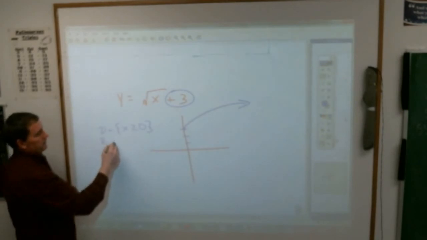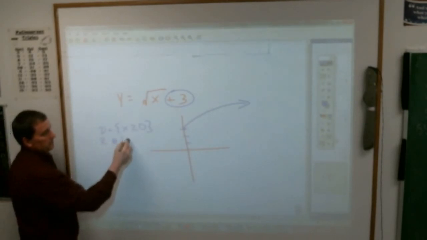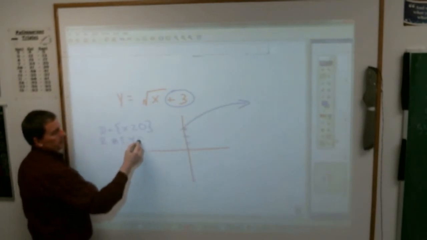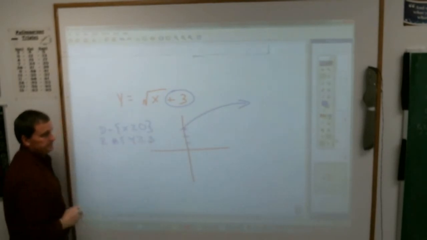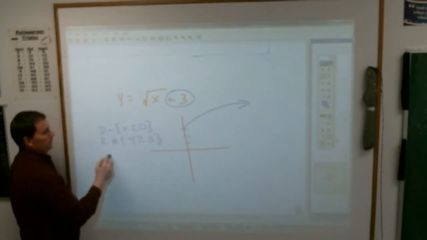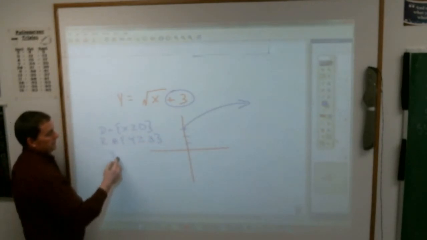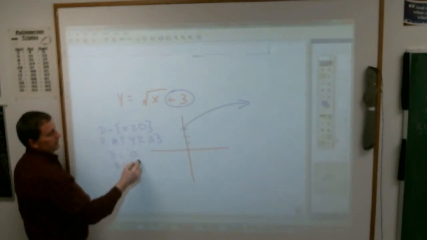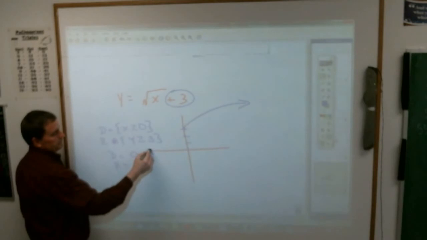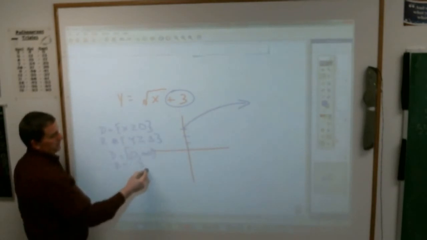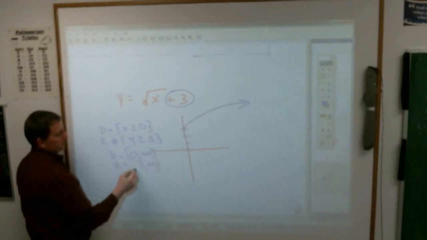And the range, y starts right there at 3, greater than or equal to 3. You with me? In interval notation, pretty simple. Domain starts at 0 and goes to infinity. And the range starts at 3 and goes to infinity.